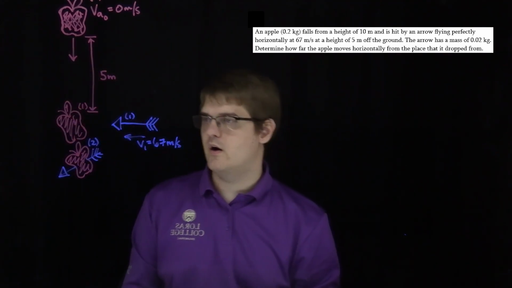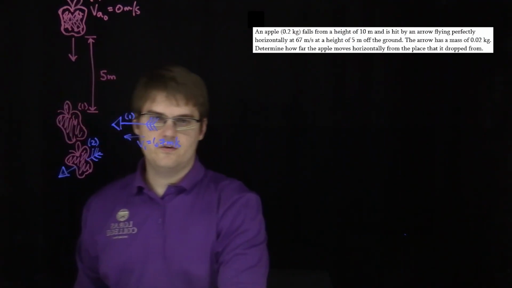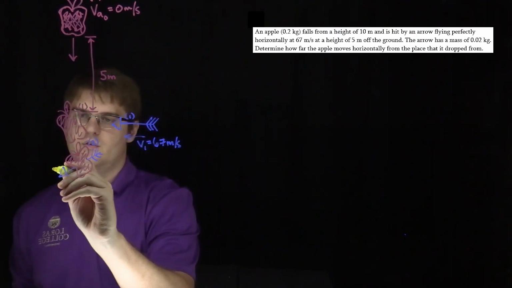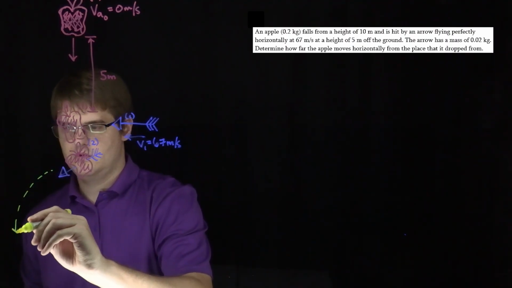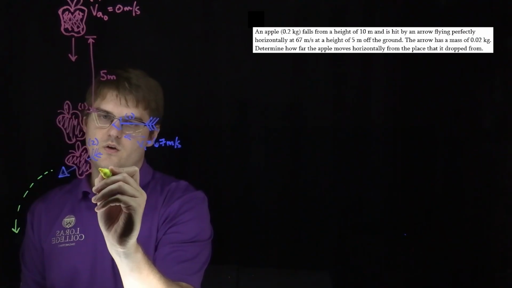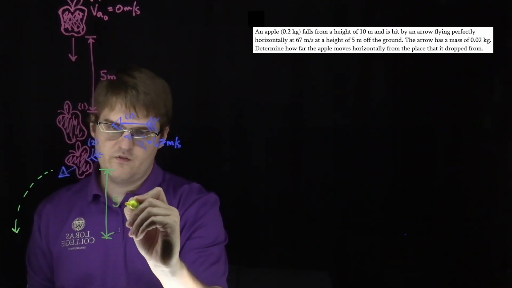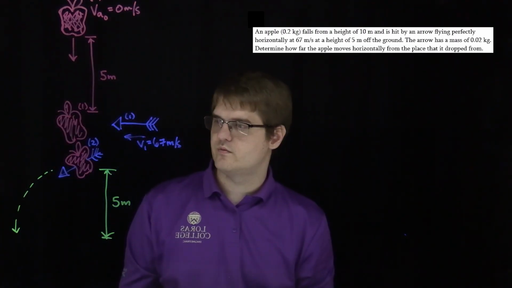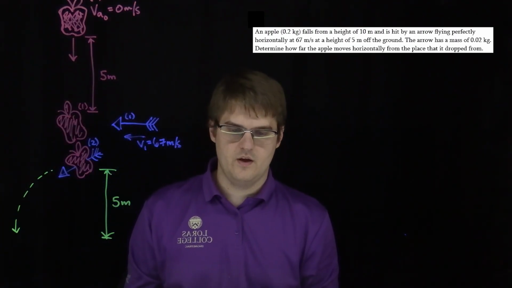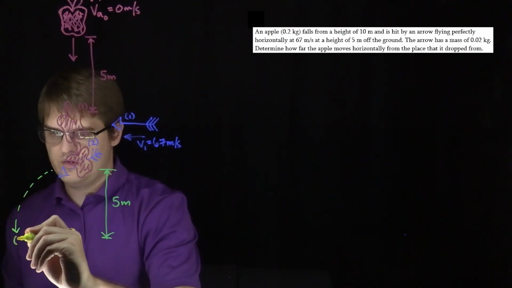And that apple and arrow is not going to fall directly straight. It's now going to follow some other path down to the ground, and it is going to travel another 5 meters down until it hits the ground. And that we'll call hitting the ground time 3.